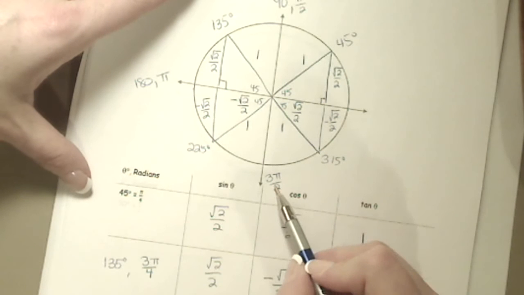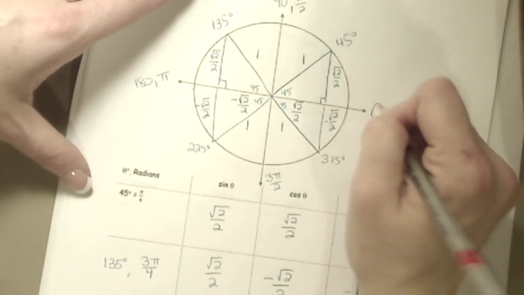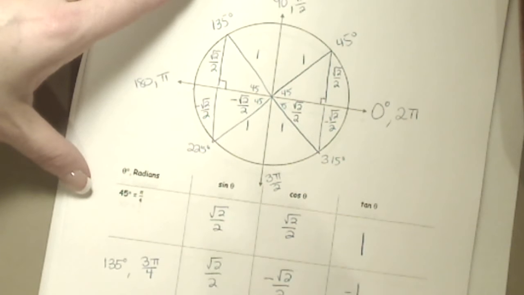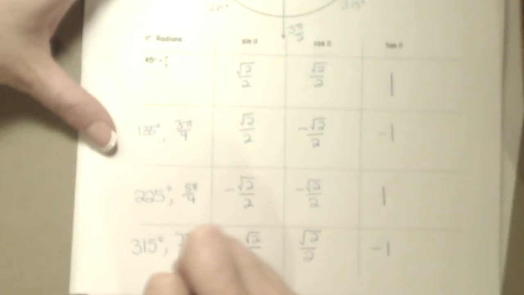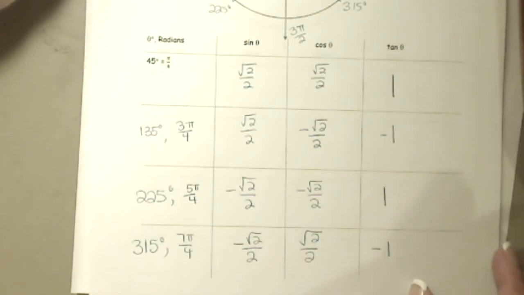And then 315 is between 6 pi over 4 and 8 pi over 4, which is 2 pi. So it will be 7 pi over 4. Just keep practicing with those radian measures for pre-calculus later on.